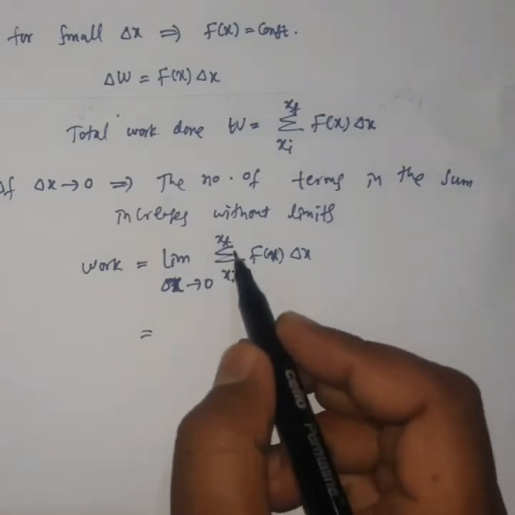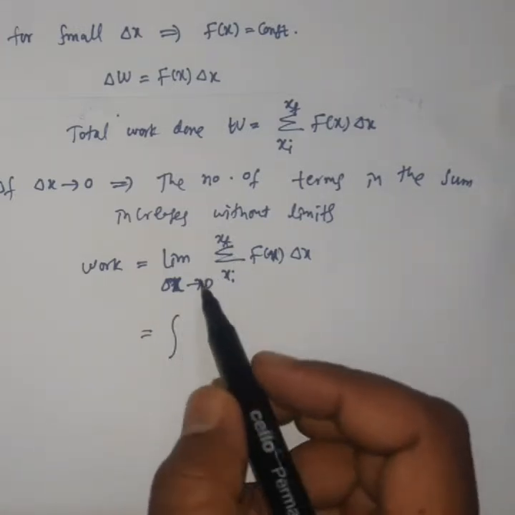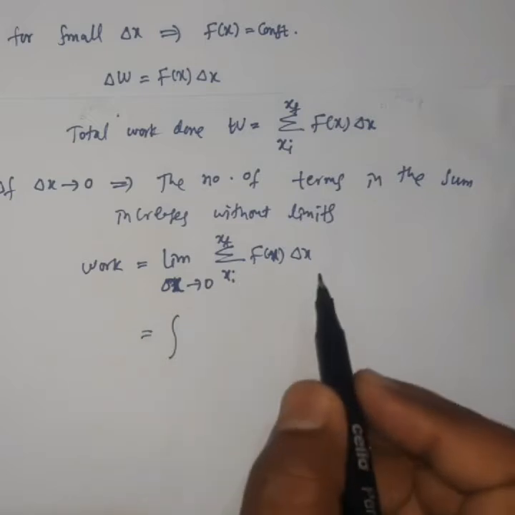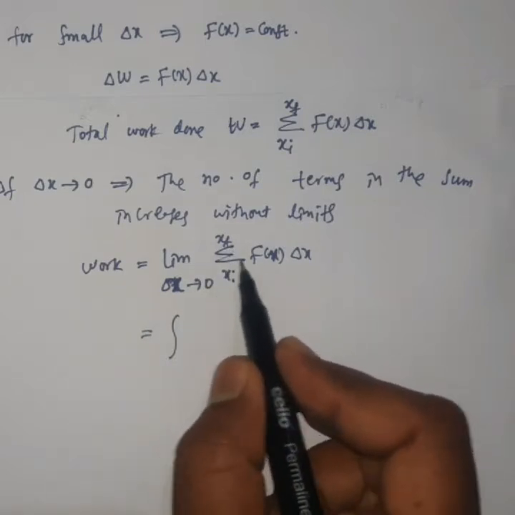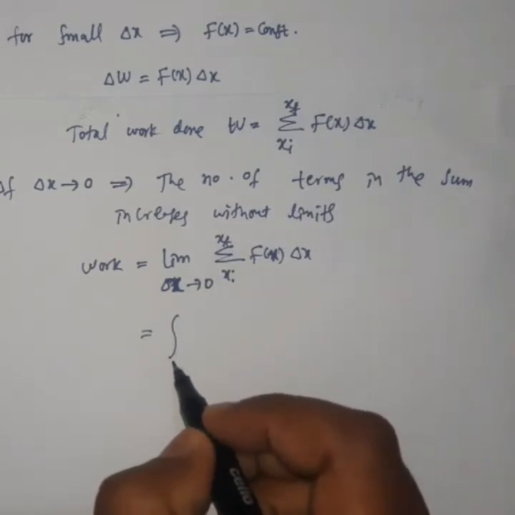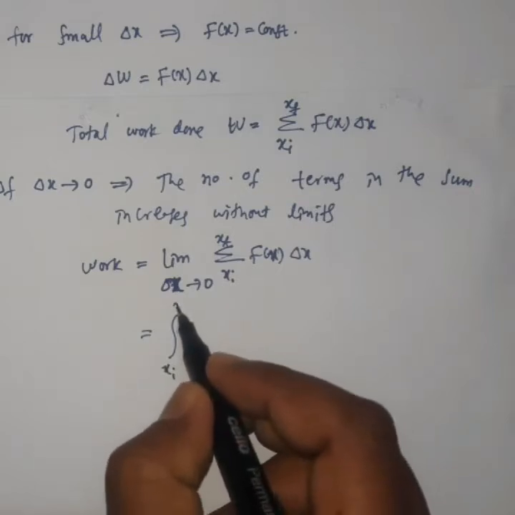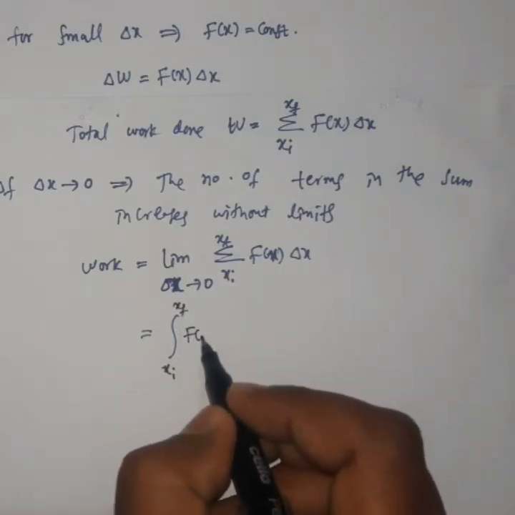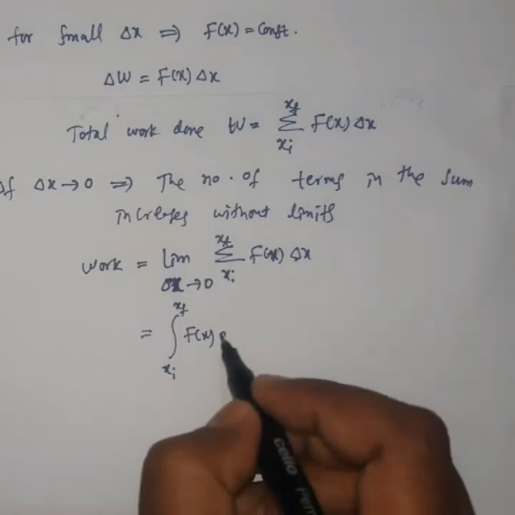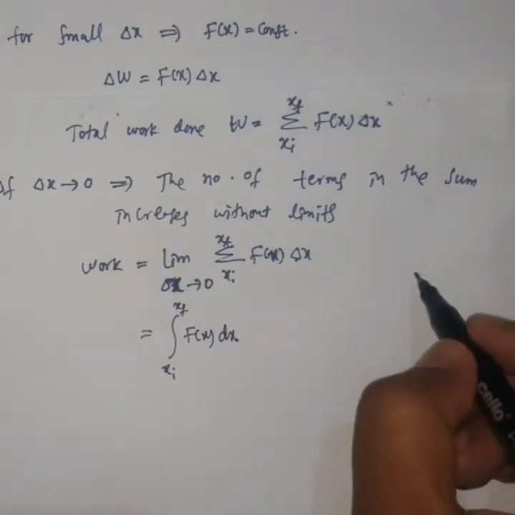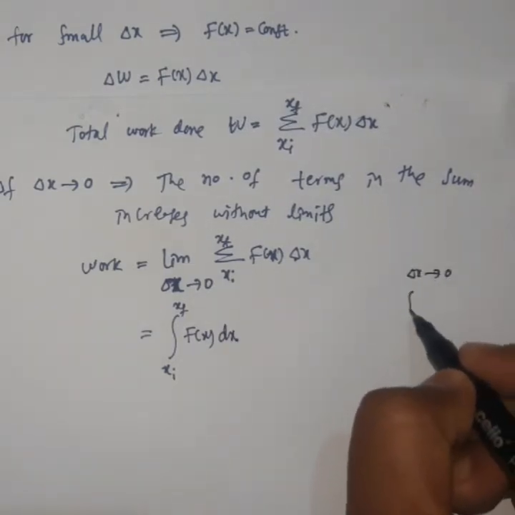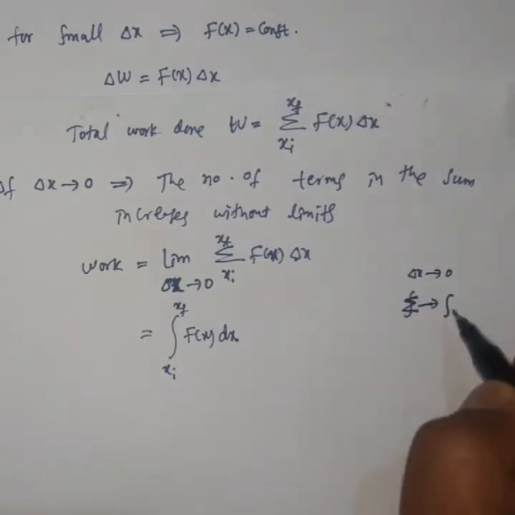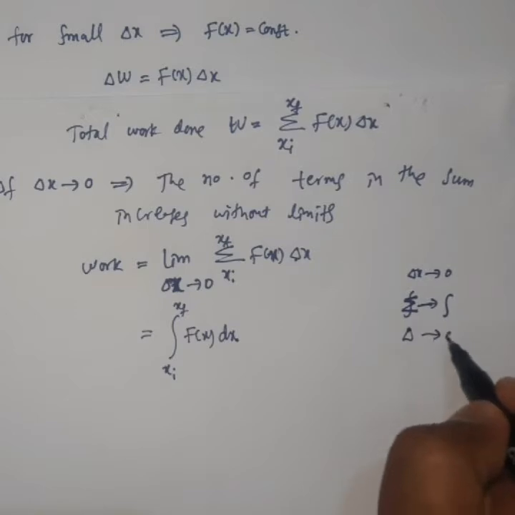Discrete becomes continuous, summation becomes integration. So from initial value xi to xf, f of x, del x becomes dx. Summation becomes integration, del becomes d.